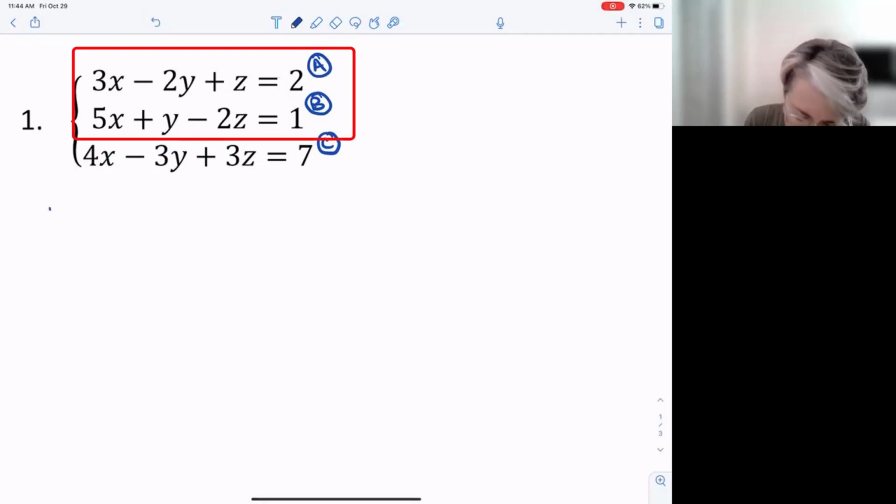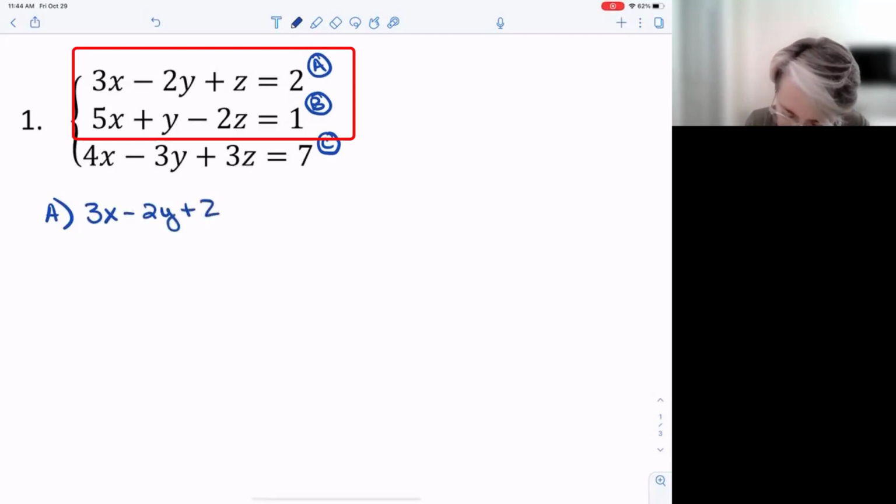Notice equation A has a negative 2y. So we're going to write it as is, 3x minus 2y plus z equals 2. But if I want to eliminate the y, in B I need to multiply equation B by a positive 2.